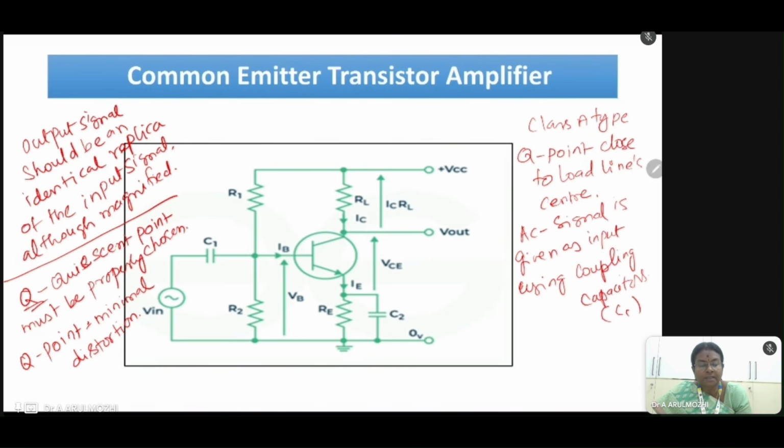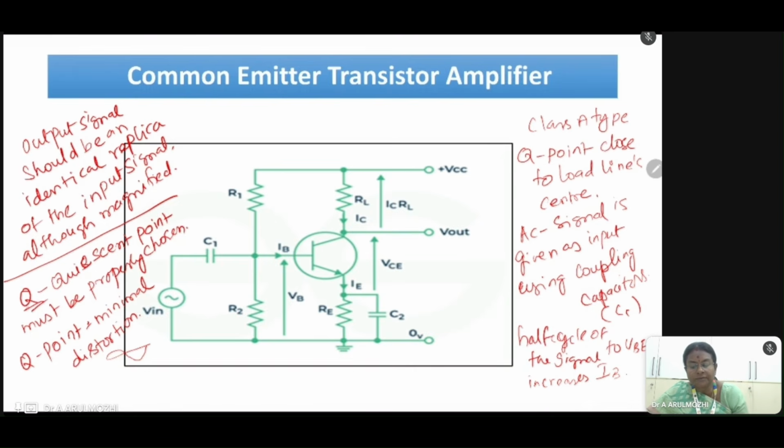So during the positive half cycle of the signal, during the first half cycle of the input signal, the VBE, the base emitter junction voltage, increases, leading to an increase in the base current IB.